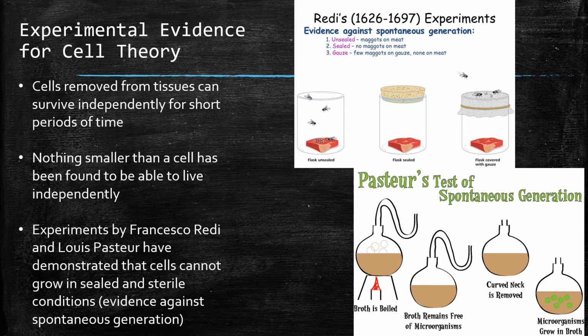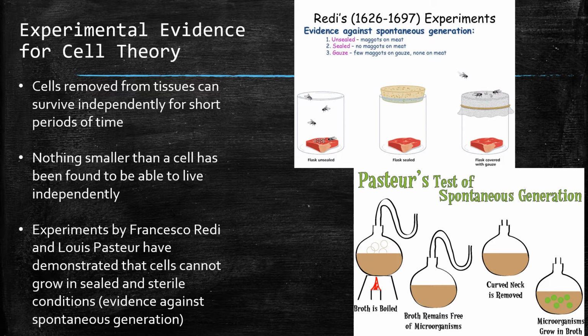When he left it uncovered, of course, the flies would appear, and when he covered it with paper, the flies were attracted to it and would lay their eggs, but those eggs could not grow because they actually feed on certain proteins in the meat once they hatch.